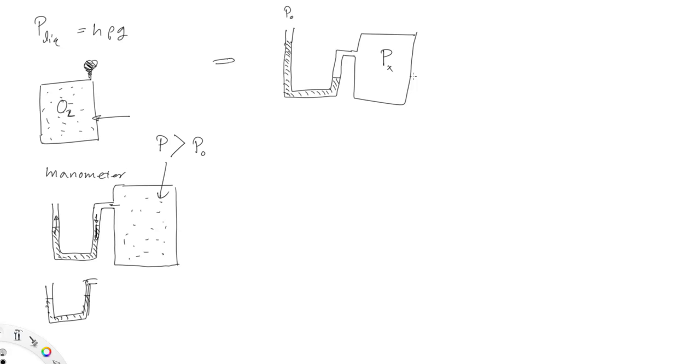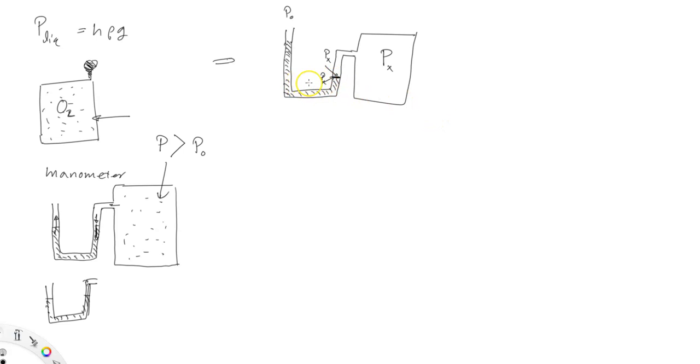Now how do we find the pressure? This pressure Px is inside the right hand side of the tube, up to this point. So right here, at the interface between the liquid and the gas, the pressure is Px, so that means over here also Px.